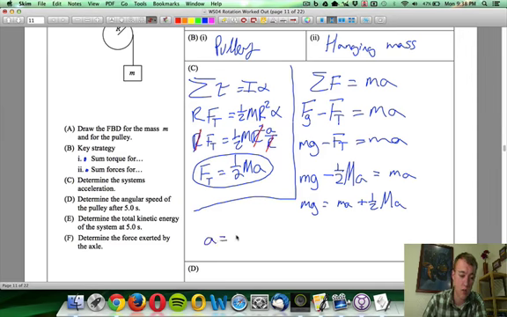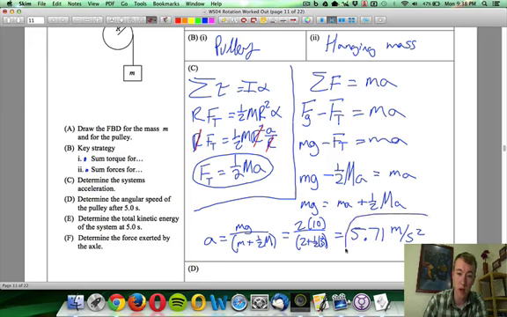You end up with acceleration is equal to little mg all divided by little m plus 1/2 the mass of that pulley. Plug in some numbers here and you ultimately get, let's see, 2 times 10 all over 2 plus 1/2 of 3, and that ends up being 5.71 meters per second squared.